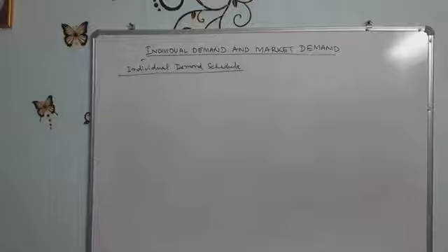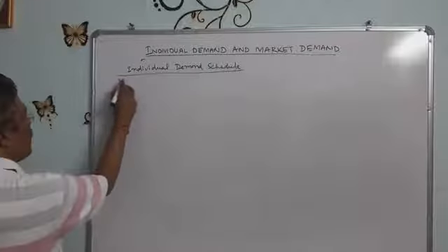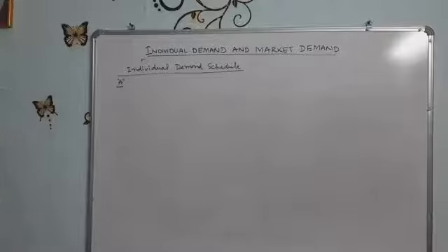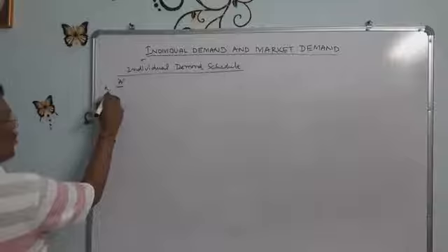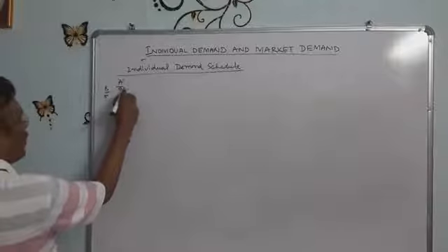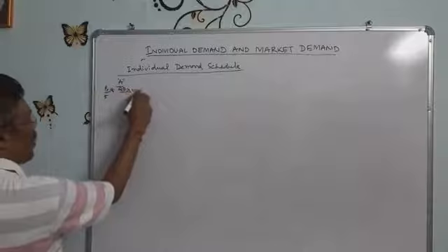Suppose A is a person. Price is in rupees, the price of good X, and quantity demanded of good X is in units.